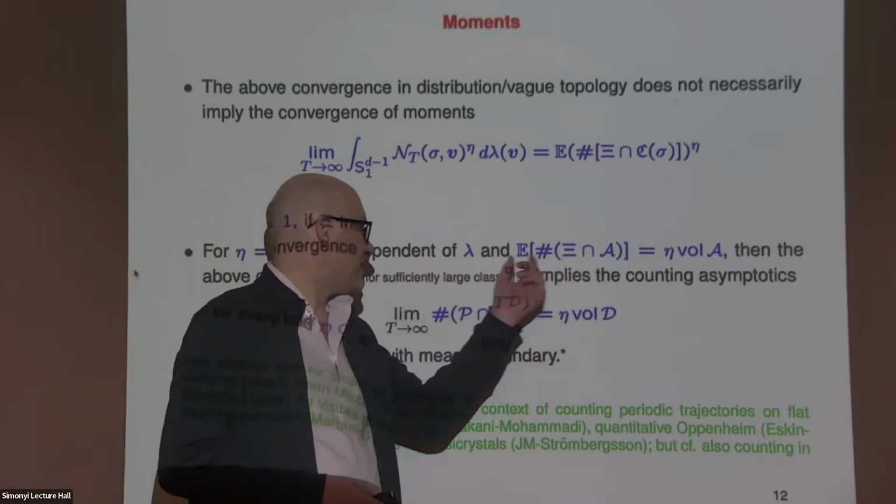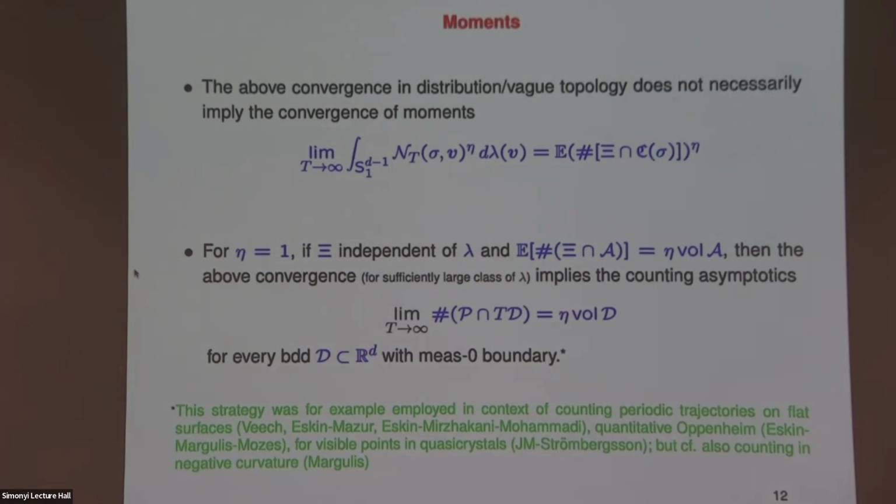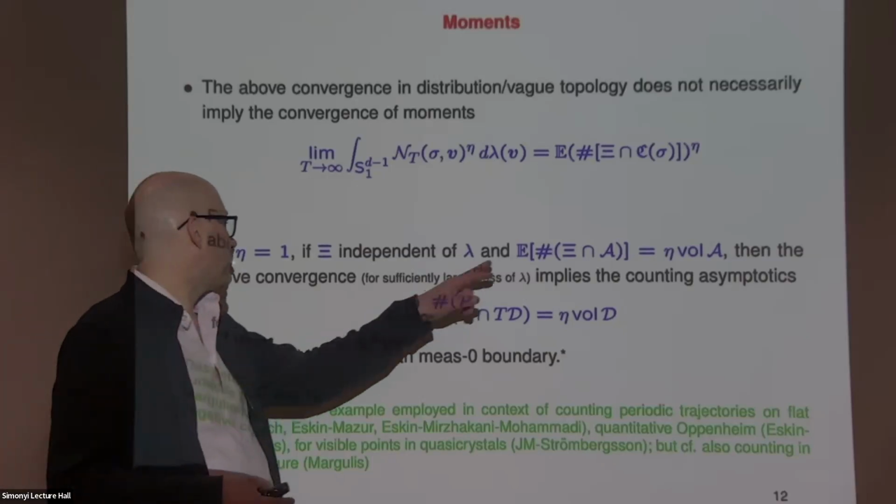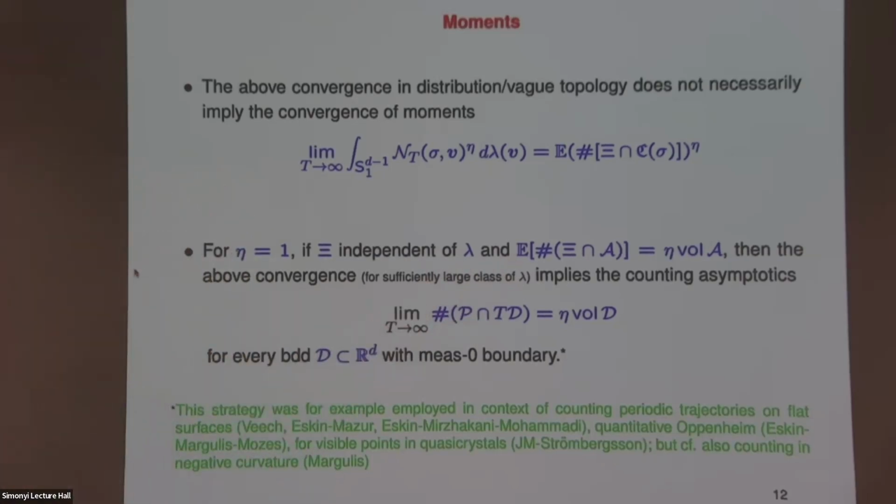That's just the expectation value. What I showed you on the previous slide is that by our assumption on the total number of points in a big disk growing at most like volume, we already have an upper bound for this. But we don't know the constant.